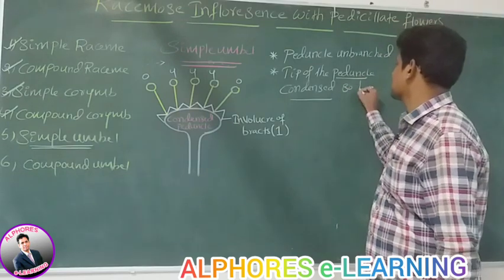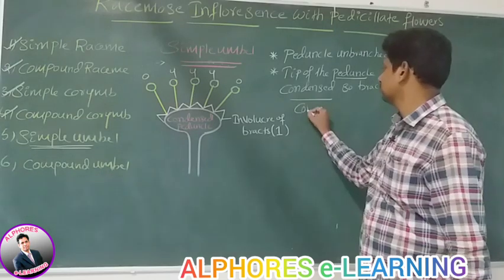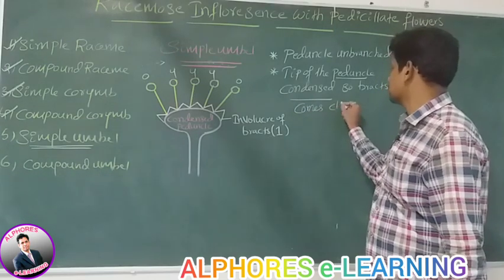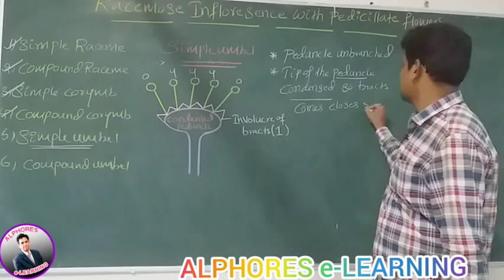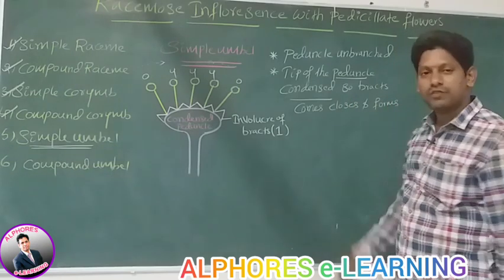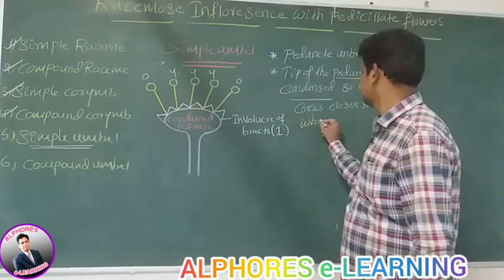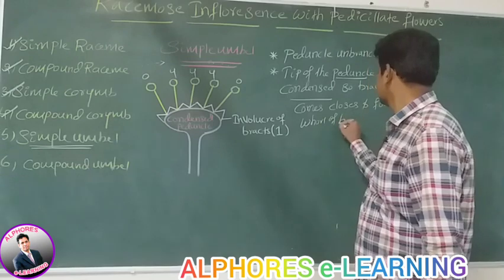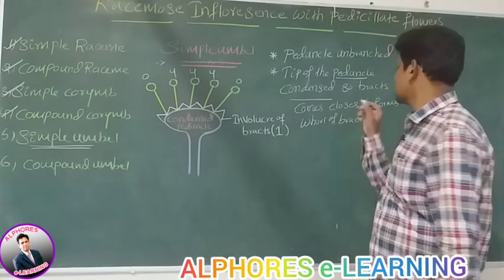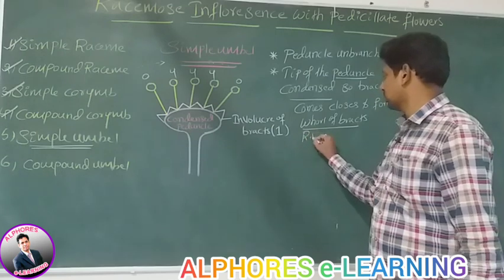So what happens? Bracts come close and form a whorl of bracts or ring-like structure.